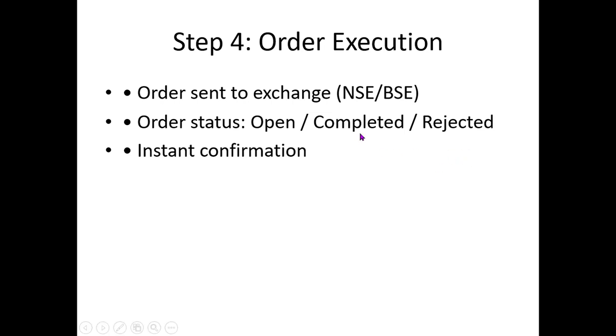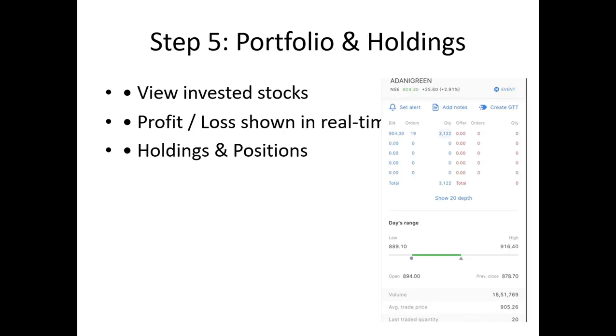Otherwise, it will show as completed. Then you will have an instant confirmation of your orders. You can see the portfolio and holdings. Whichever stocks you are holding, you can see in the portfolio and holdings tab.